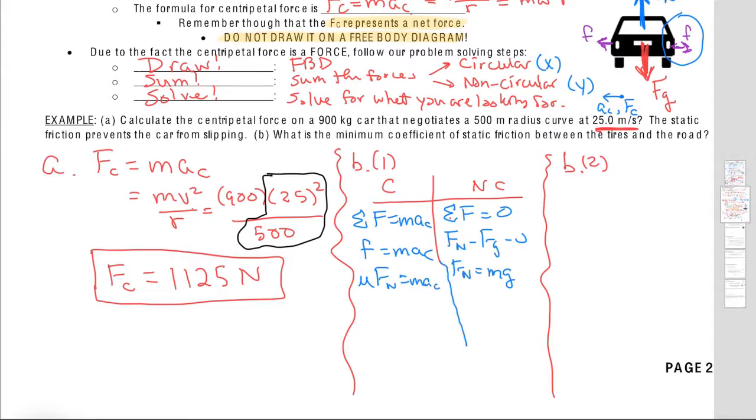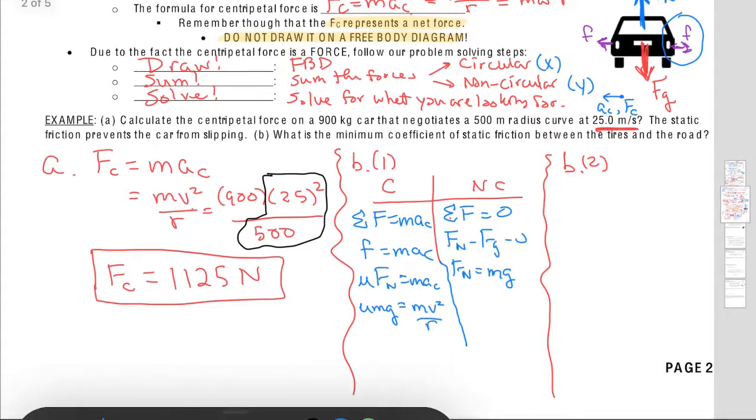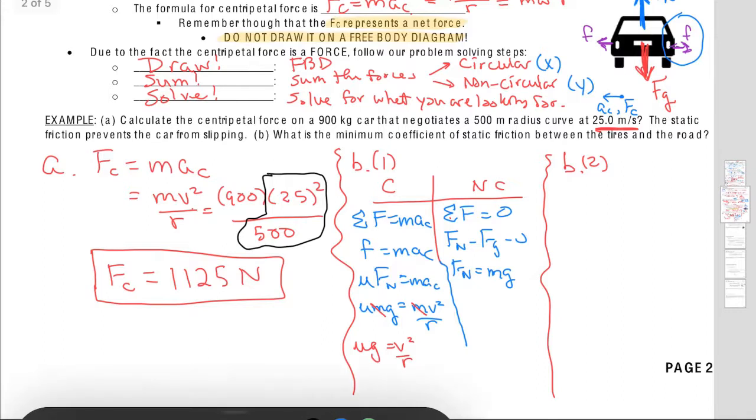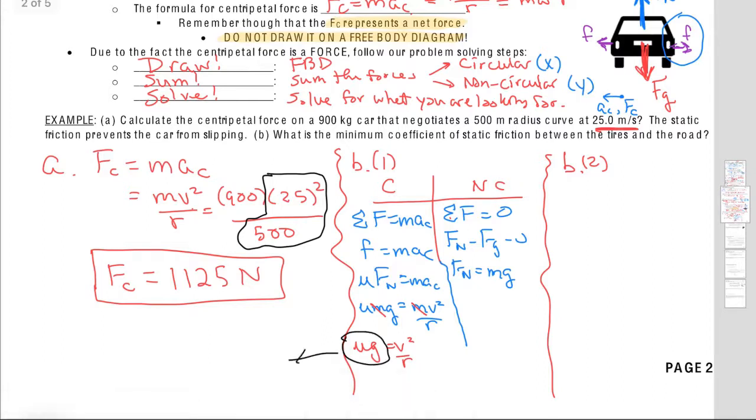We found F_n to be mg, but we also know that a_c is v squared over r. So if I do a little bit of algebra here, the mass cancels, same car, so mu g equals v squared over r. And if you recognize this, that is the acceleration of a sliding object.